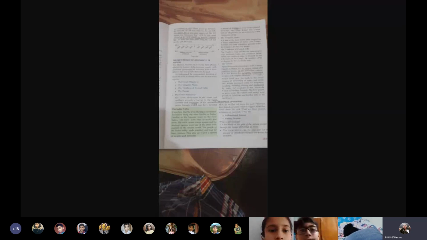So obviously, life is easy here, and people would love to stay and live here. The early people would love to settle near water bodies. That is why many of the old Indian civilizations settled near the Ganga River and the Indus River also, and the tributaries of these rivers.